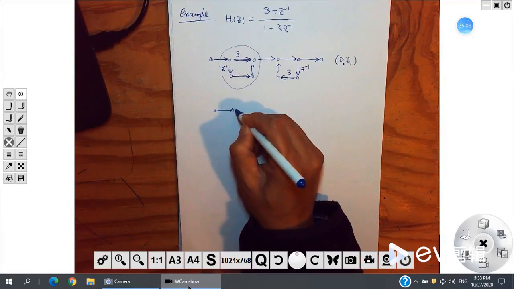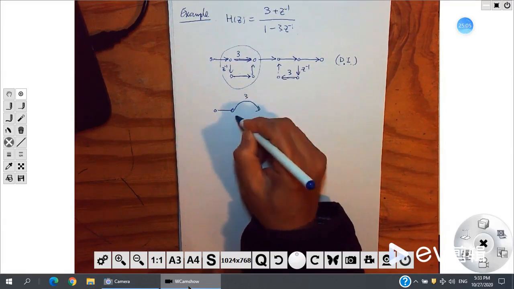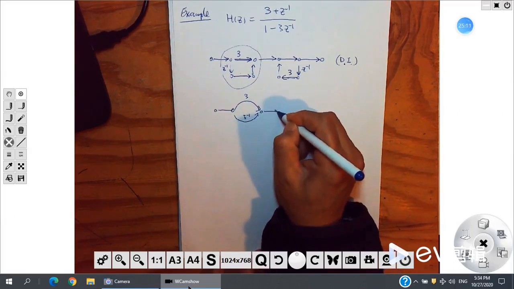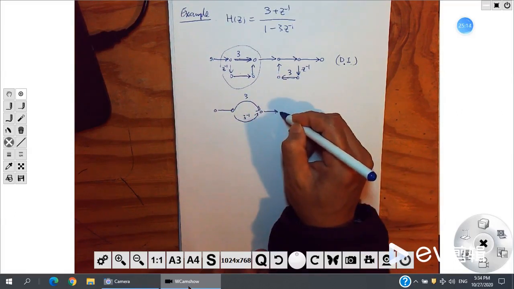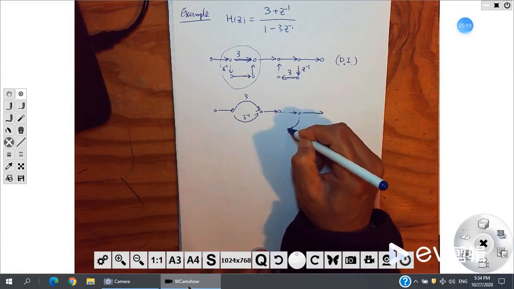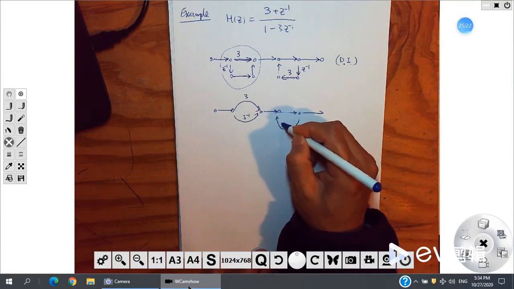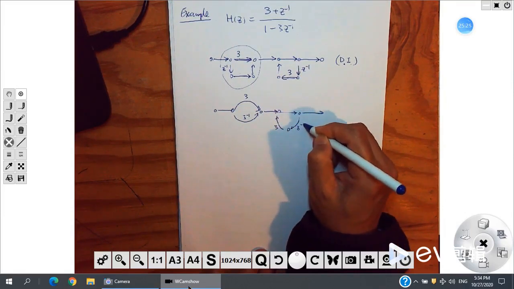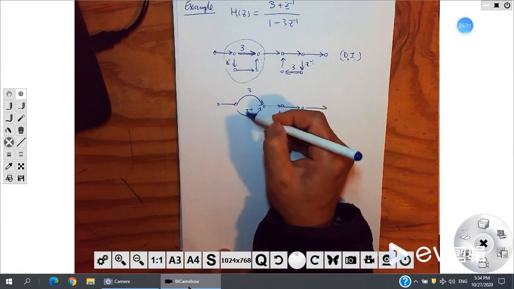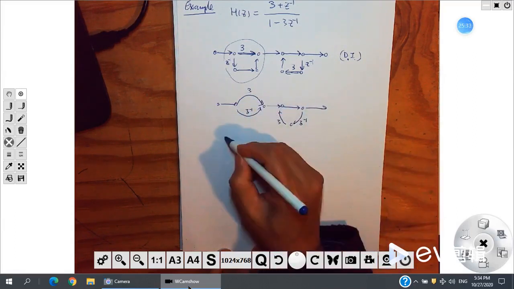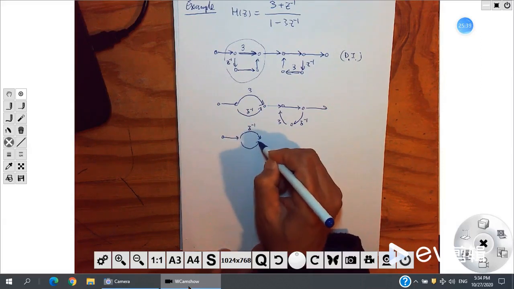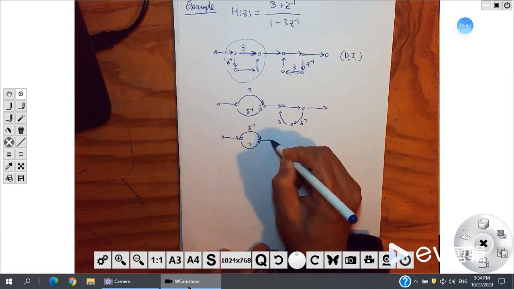One is 3, one is a delay. And this one, there's nothing, just 1. This one I have two parts. One part is 3, one part is a delay, right? Look like this. You can see the upper path is 3. I can flip these 2, you get the same thing. This is a delay, this is 3. These are the same, right?